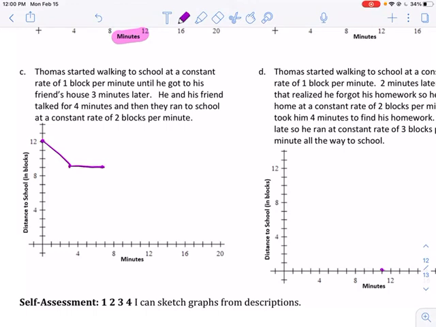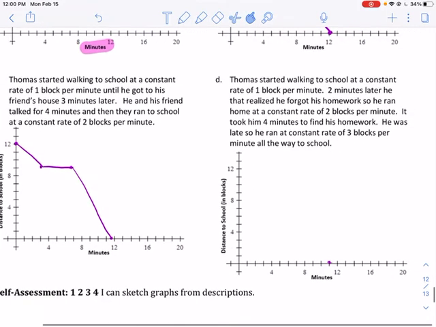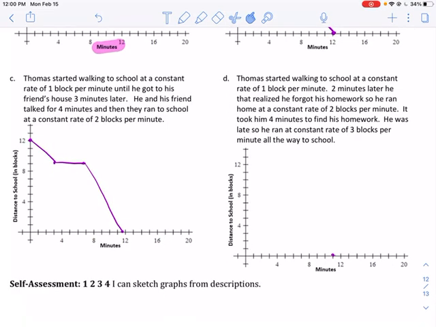So we're going to go down. Wait, they talked for 4 minutes. I don't know why I'm having such a hard time with this one. All right, so if it's 2 blocks per minute, that means he's going to get there about there. Pretty sure. He's going 9. Yeah. Okay, that's what your graph should look like for C.